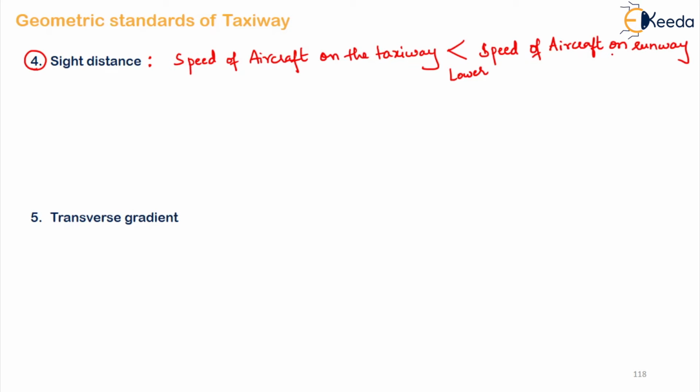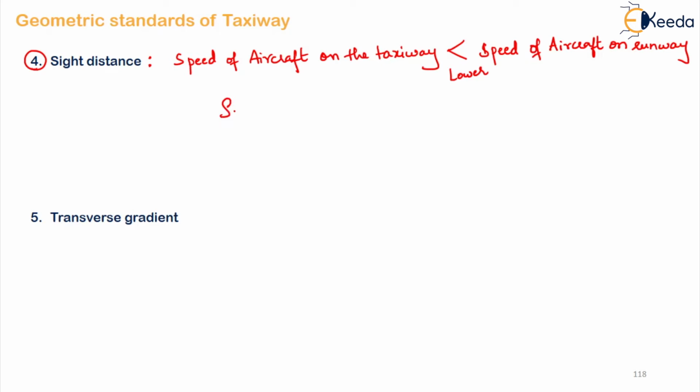During landing there will be a certain speed, and during takeoff also there will be a certain speed. But the taxiway is majorly used for taxiing or parking, so normally here the speed will be lower.